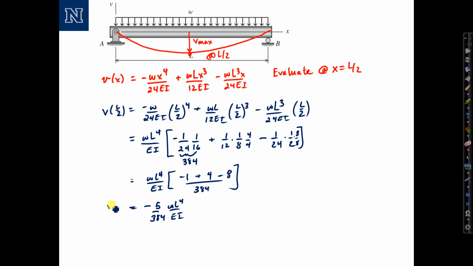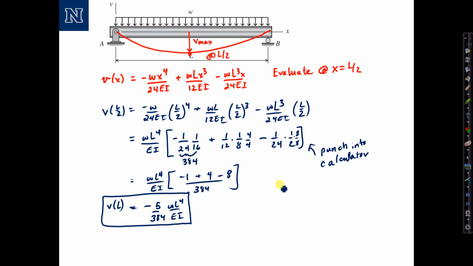If you use beam deflection tables and look up this solution, you'll see that they provide it in this form. Another acceptable way to handle this is to take the numbers when they're in this form and punch them into your calculator. I don't prefer this, but it is acceptable if you have trouble reducing the fractions.